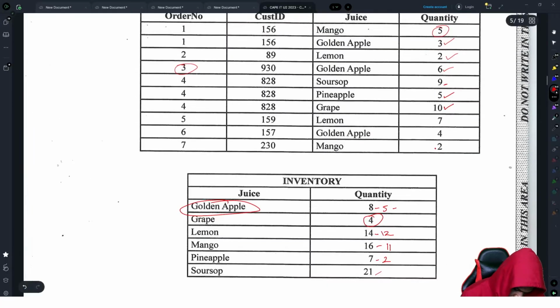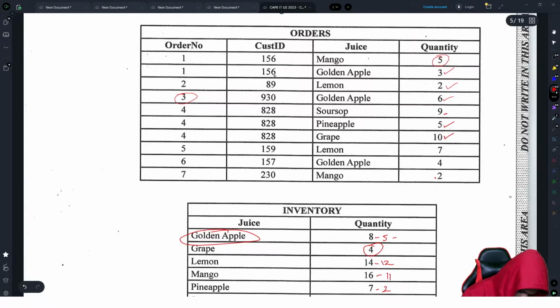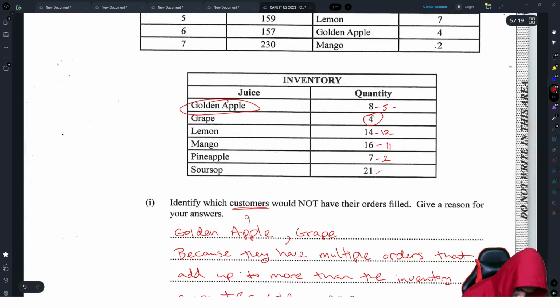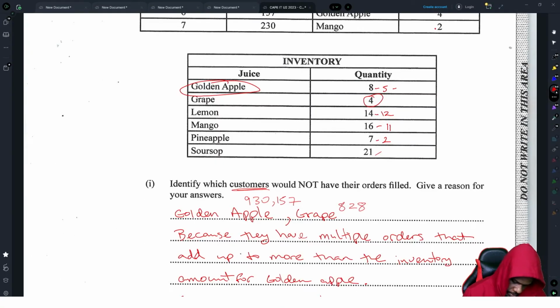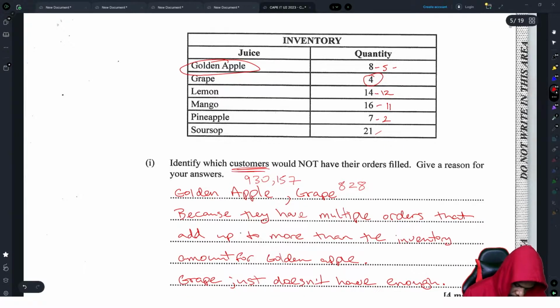So the golden apple people: customer 156, customer 930 and customer 157. And then the grape person is customer 820. Right, so they ask you for which customers. So just put the numbers inside there and then explain what will happen.